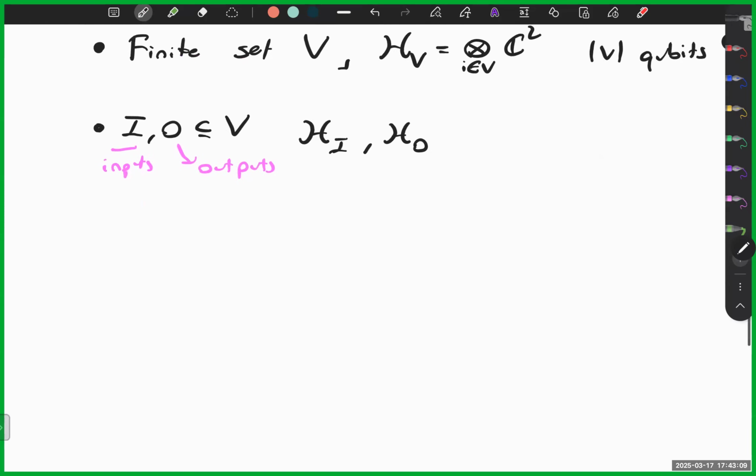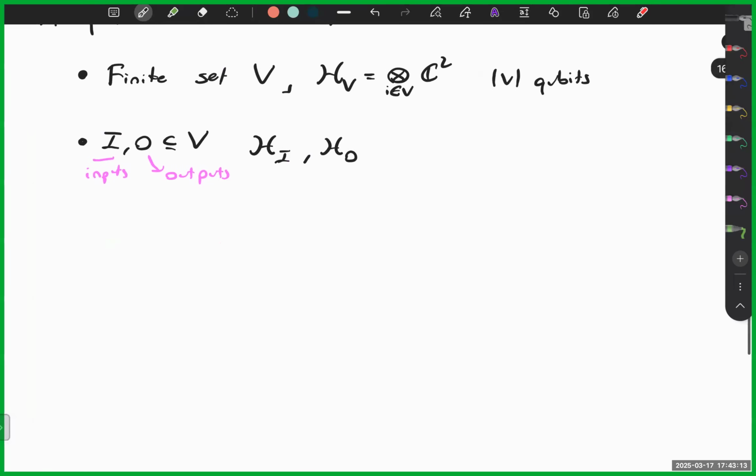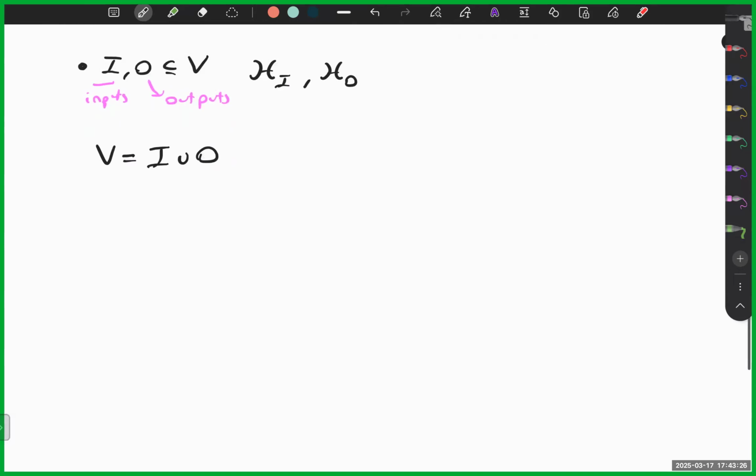But in general we don't have equality here because they may be different. So there are also qubits that are neither input nor output qubits.